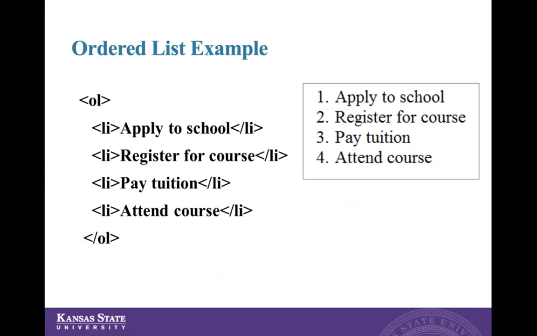This is another example. It's what you'd use if there are certain steps you want somebody to follow. Formatting wise, it's pretty much exactly the same as the other one, just using the OL tags instead of the UL. For each item we still use the same LI tag. The browser reads through the code starting at the very top of your page and going down, so when it hits that OL, it knows each of those list items needs to be displayed as a numbered list.